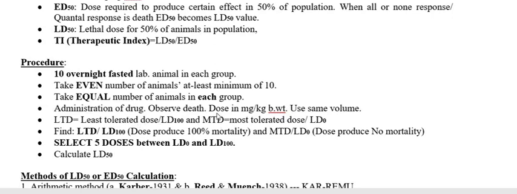The most tolerated dose, also called lethal dose 0, is the dose which produces no mortality. So this is the difference between the least tolerated dose and most tolerated dose, and in between, the lethality varies from 1 to 100%. So we are going to calculate the least tolerated dose and most tolerated dose.